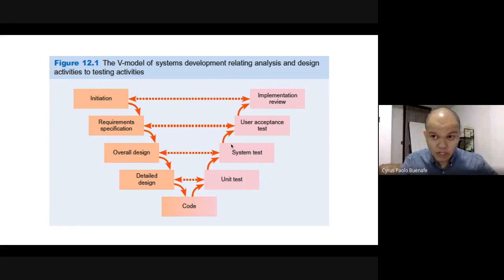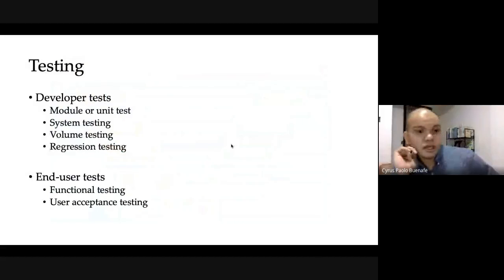But for now, let's categorize our tests according to developer tests. These are tests that are normally done during the development phase when you're still building things. So you can do a module or unit test. You can do system testing, where you try to integrate everything, do volume testing or regression testing.